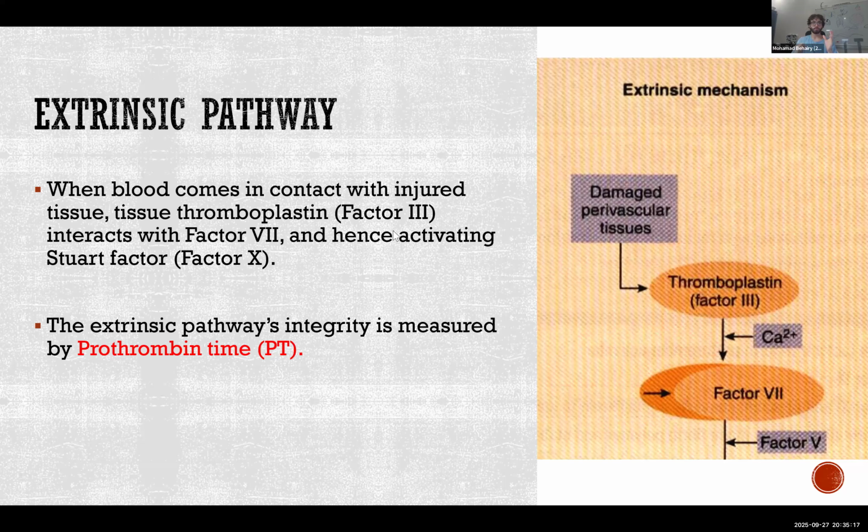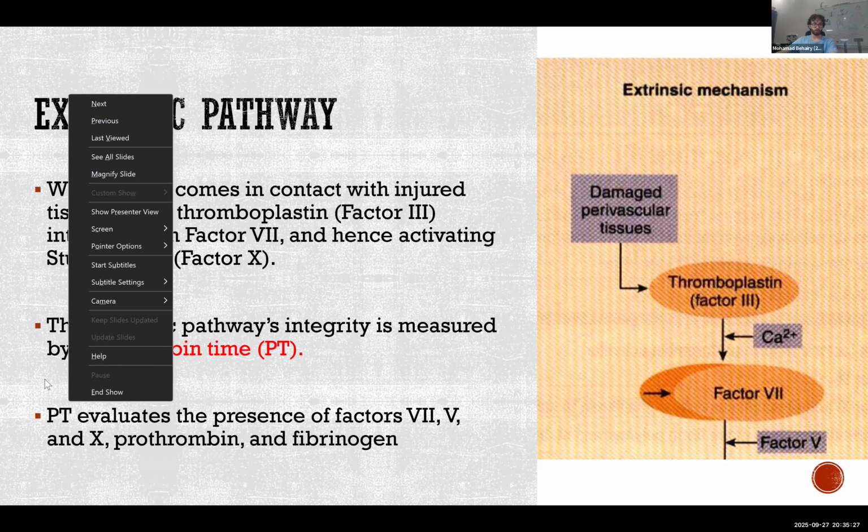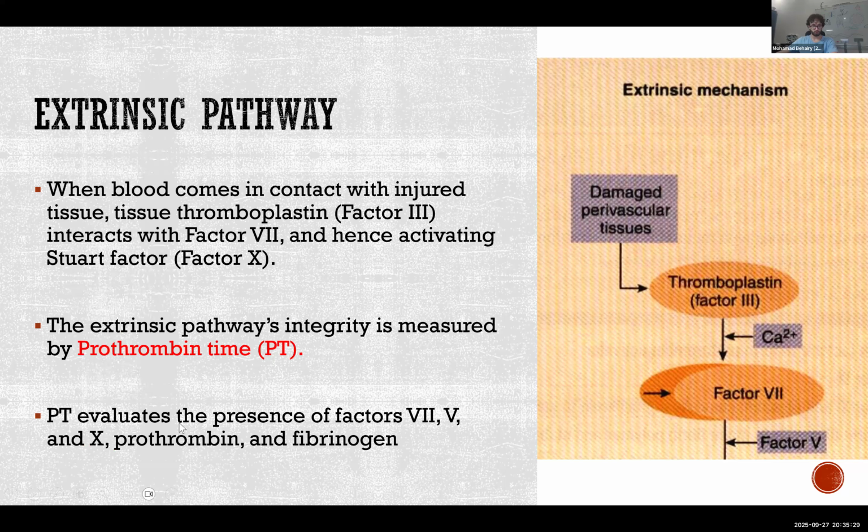Using the same logic, if we want to know if a person's extrinsic pathway is okay, we measure the prothrombin time. With prothrombin time, we evaluate the presence of the extrinsic pathway factors, which are 7 and 3, the tissue factor, and also factors of the common pathway, which are 10 and 5, and these things.